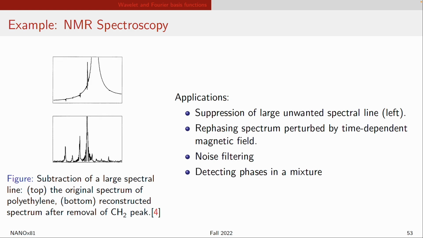You use wavelet fitting to get the key data out of the spectra and then remove that unwanted spectral line. You can also use it for noise filtering, as well as if you sometimes want to detect whether your sample comprises a mix of phases rather than just a single phase. You can also use wavelet fitting for that.